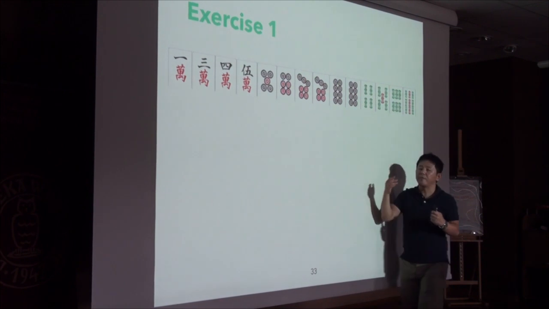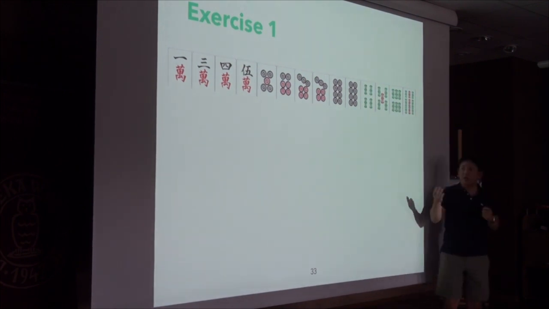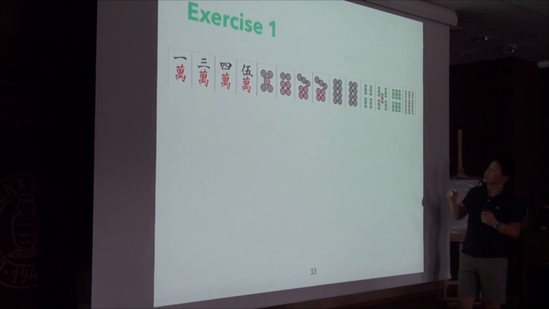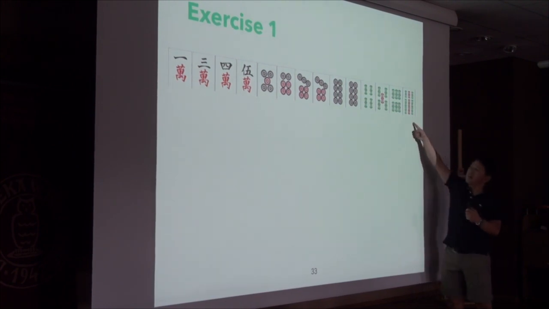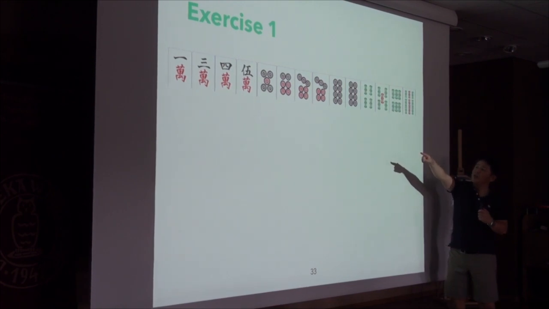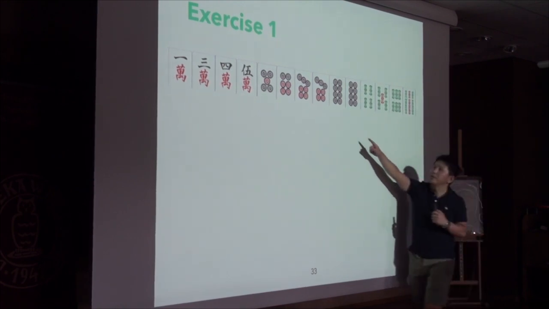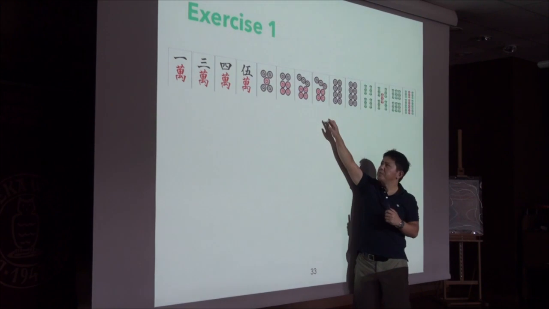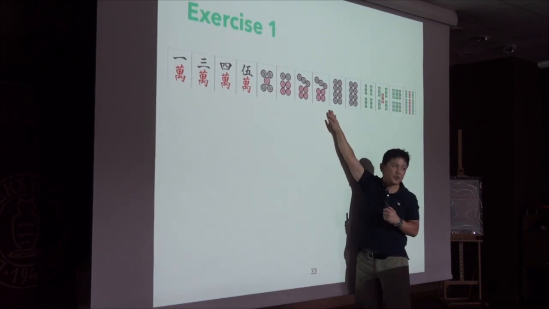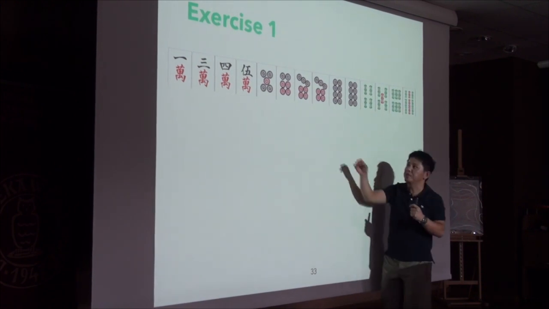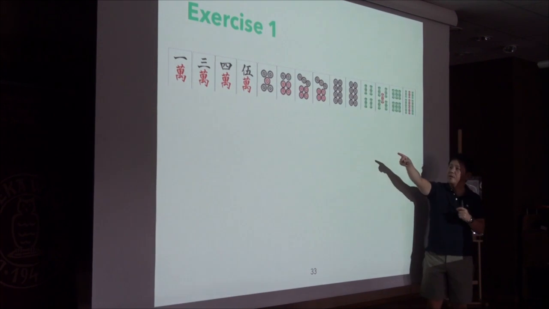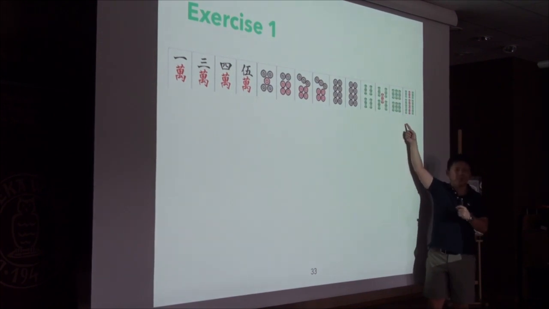So when you have 4 blocks, the choice is among floating tiles, right? So which tiles are floating? 9 bamboo, 1 character, and 7 circle, right? But 7 circle is connected, so the real choice is between 1 character and 9 bamboo, right?